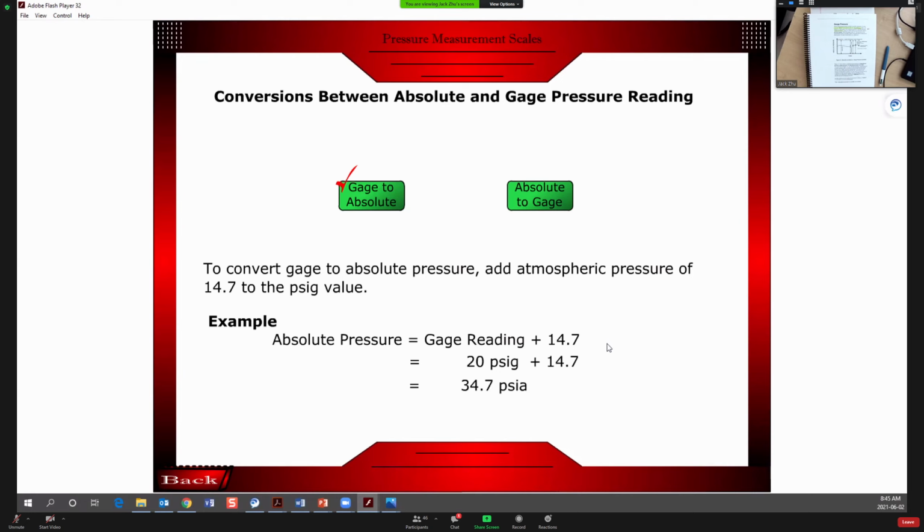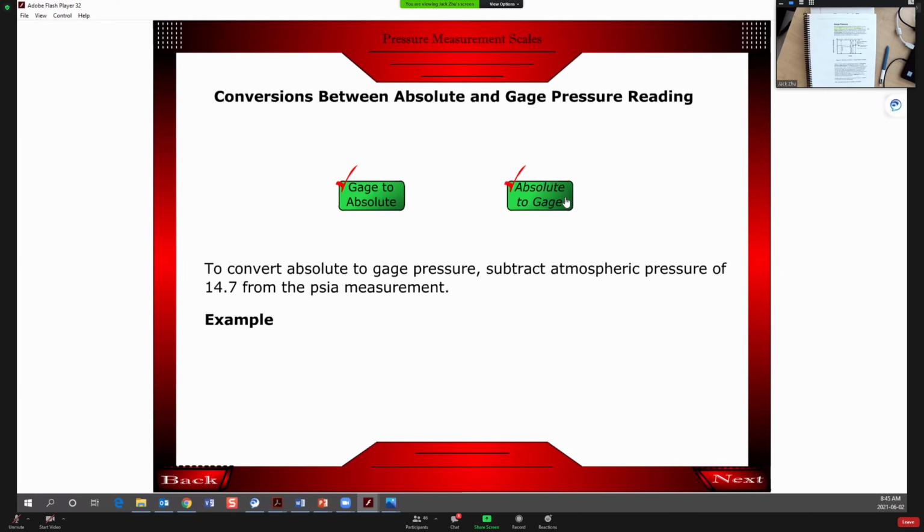You might have a question asking you to do this type of calculation. Here they put a red mark. Also, to convert the absolute to gauge pressure, you have to subtract the atmospheric pressure. So these two calculations, you need to be able to do them.